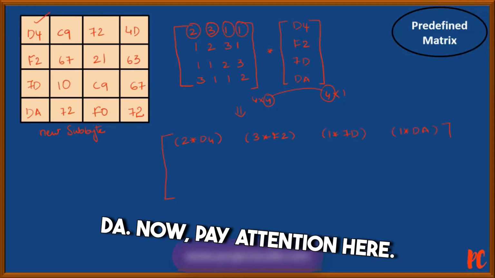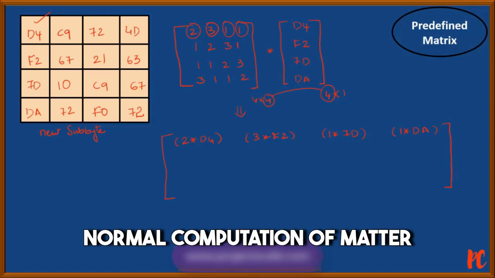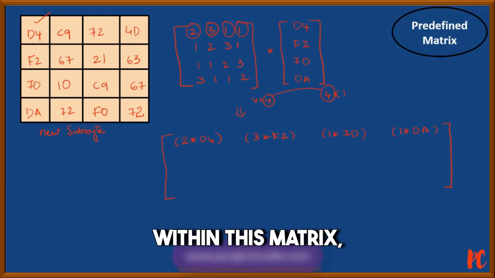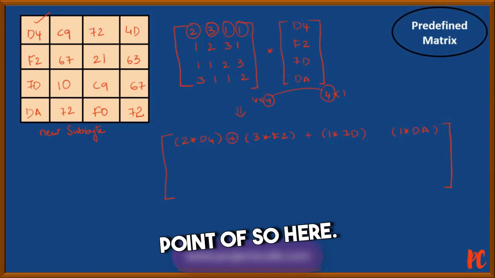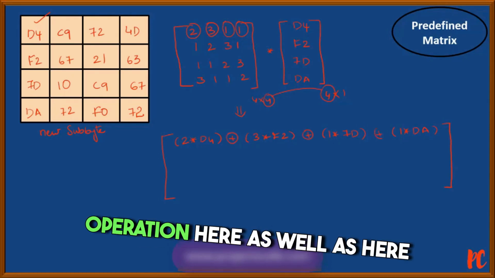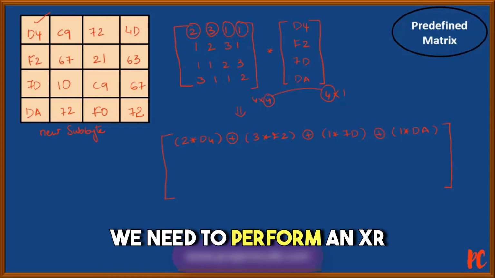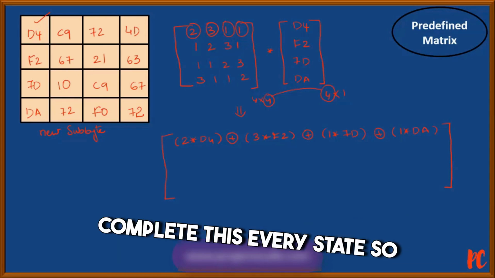Now pay attention here. This is the general normal computation of a matrix, right? Within this matrix, you need to perform an XOR operation at each and every point. So here we need to perform an XOR operation, here as well as here. Like this, you need to complete every state.